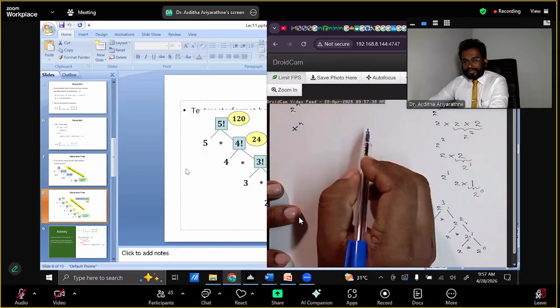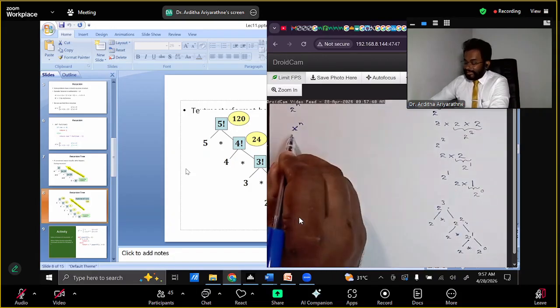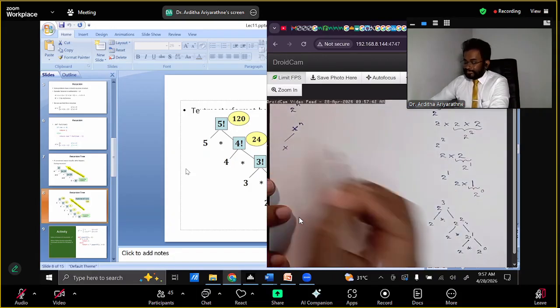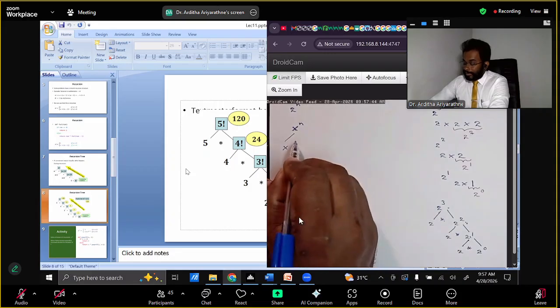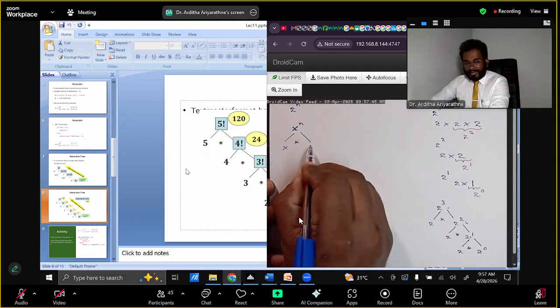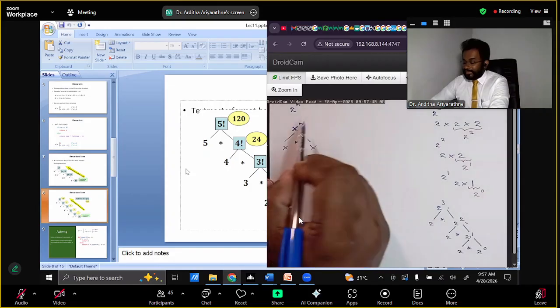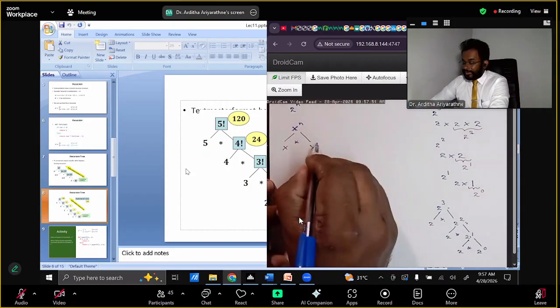But what's the behavior? The behavior is x multiplied by x to the power n minus 1. Then in the next round, n becomes n minus 1.